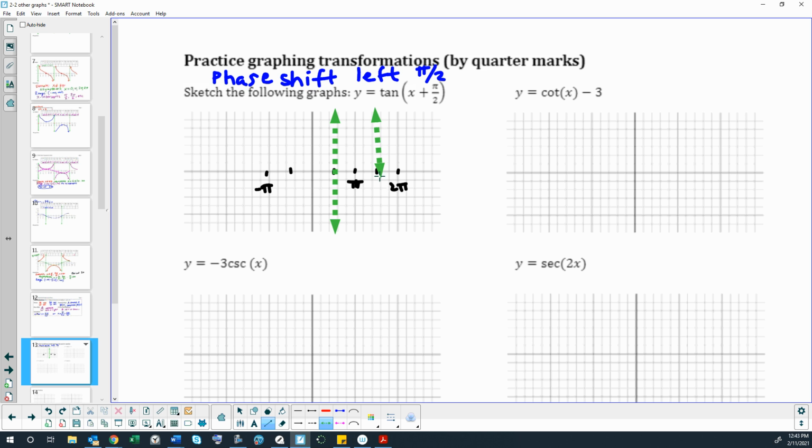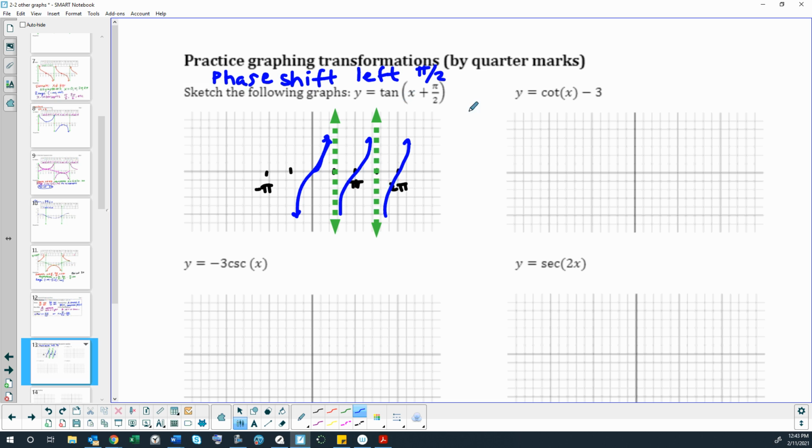And at 3 pi halves. And our tangent graph would look like this. And it just keeps going forever. I could put another asymptote here to keep that process looking the same if I wanted to.